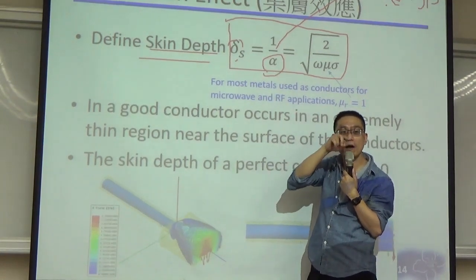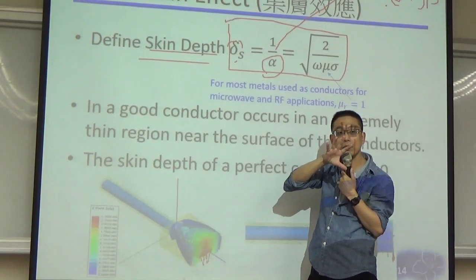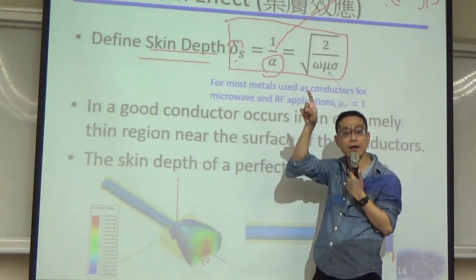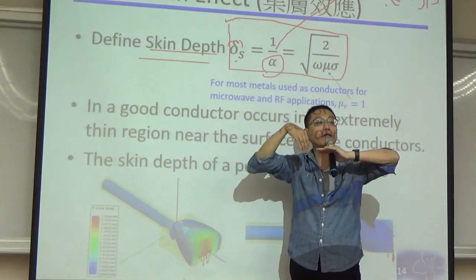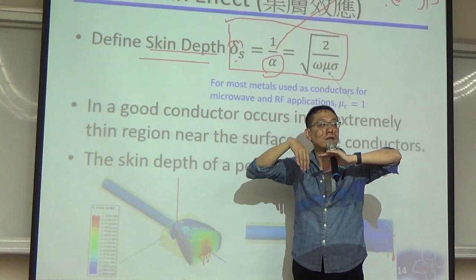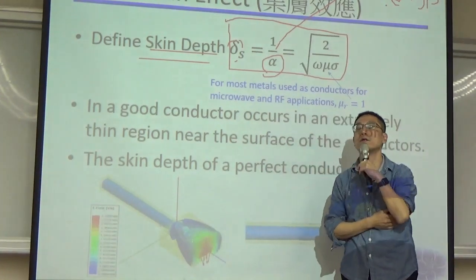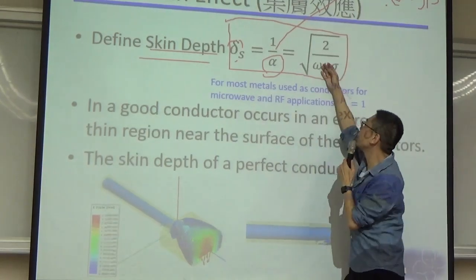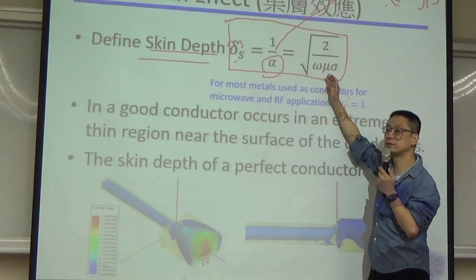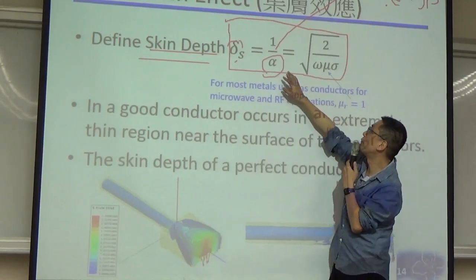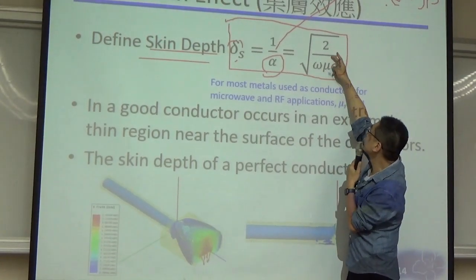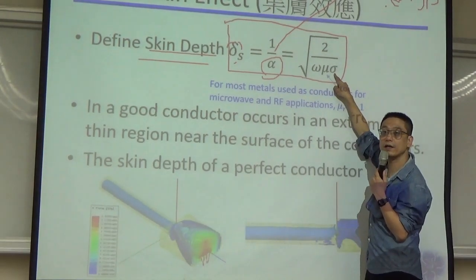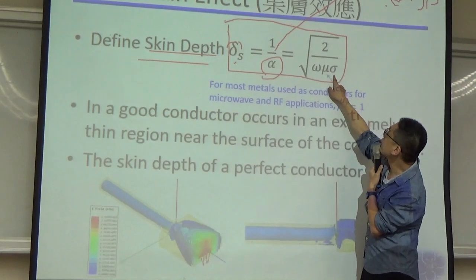So if alpha is very large, which means your conductivity is very high, then your wave cannot penetrate inside the metal. I think you can understand the physical meaning of this part. The skin depth equals the square root of 2 over omega mu sigma, where sigma is the conductivity.